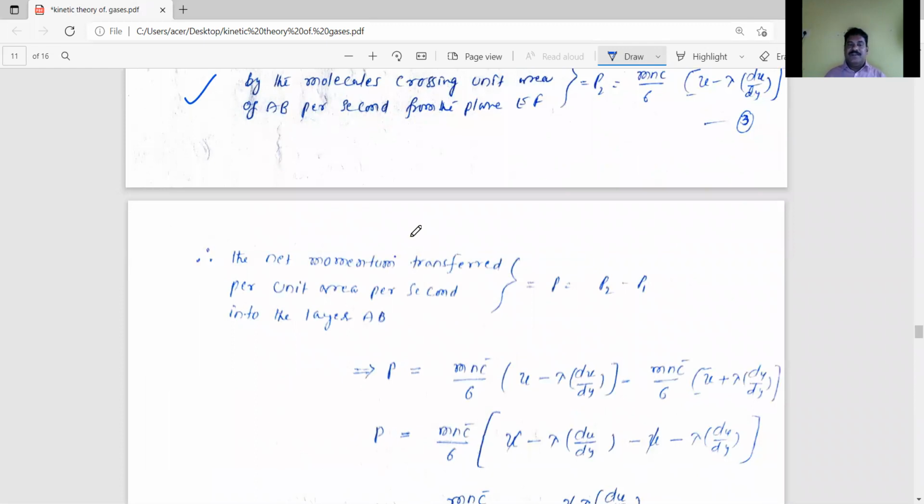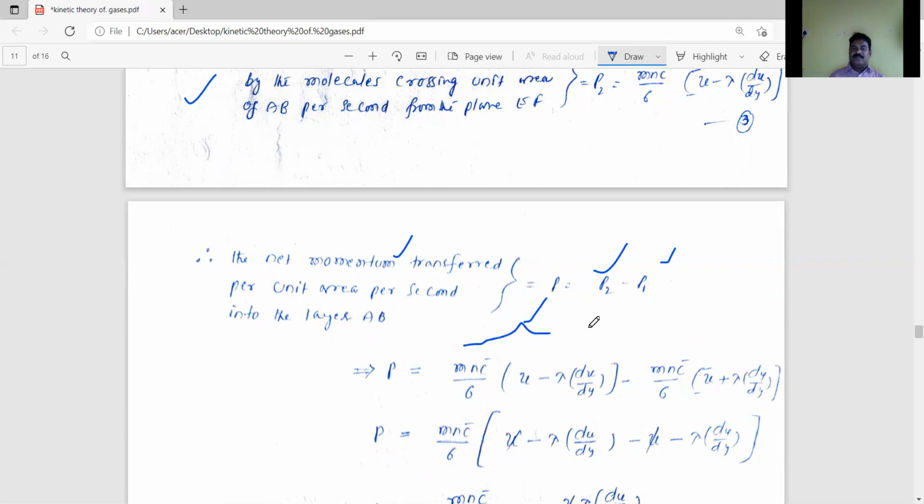What is the net momentum transferred per unit area per second into the layer AB, from the upward direction and from the downward direction? The net momentum transferred to the layer AB per unit area per second can be written as P equal to P2 minus P1. You know P2 here: m n c bar by 6 into u minus lambda du by dy.